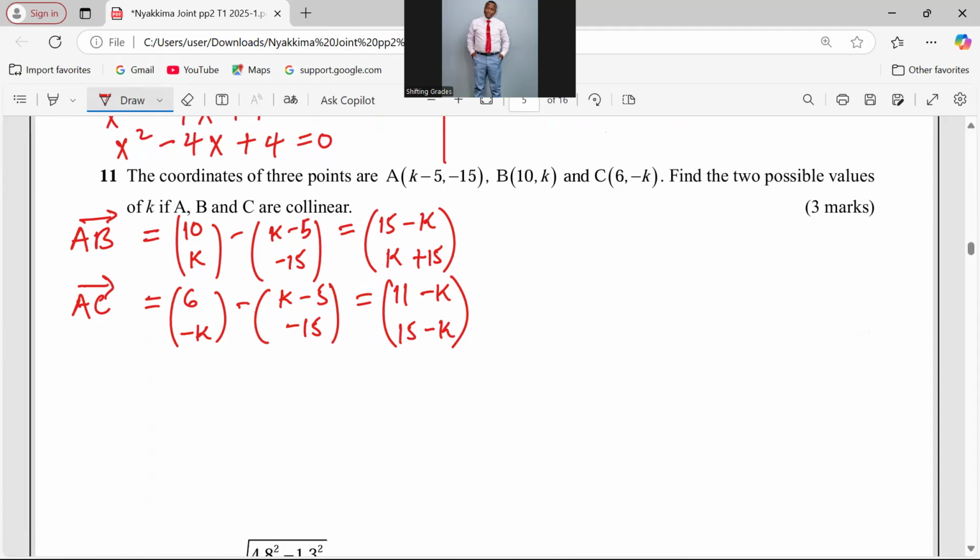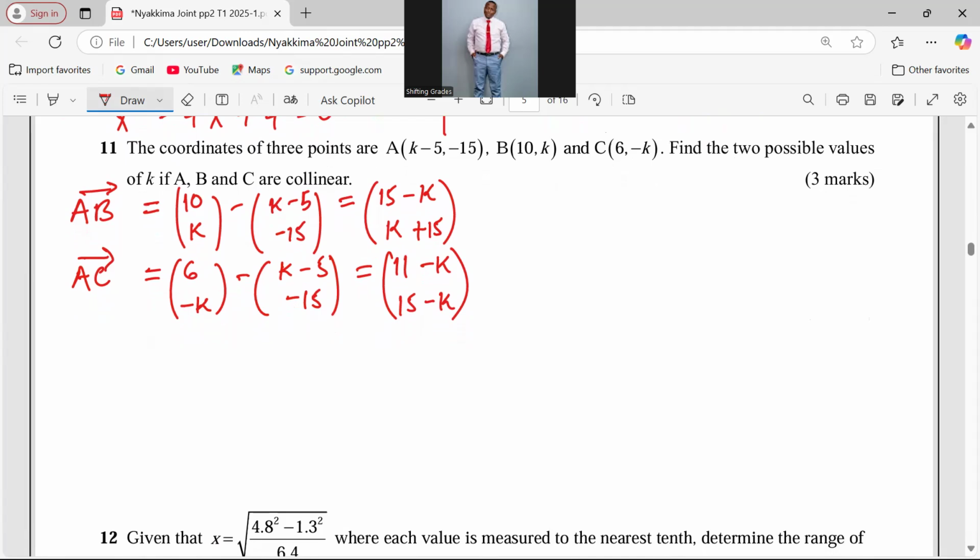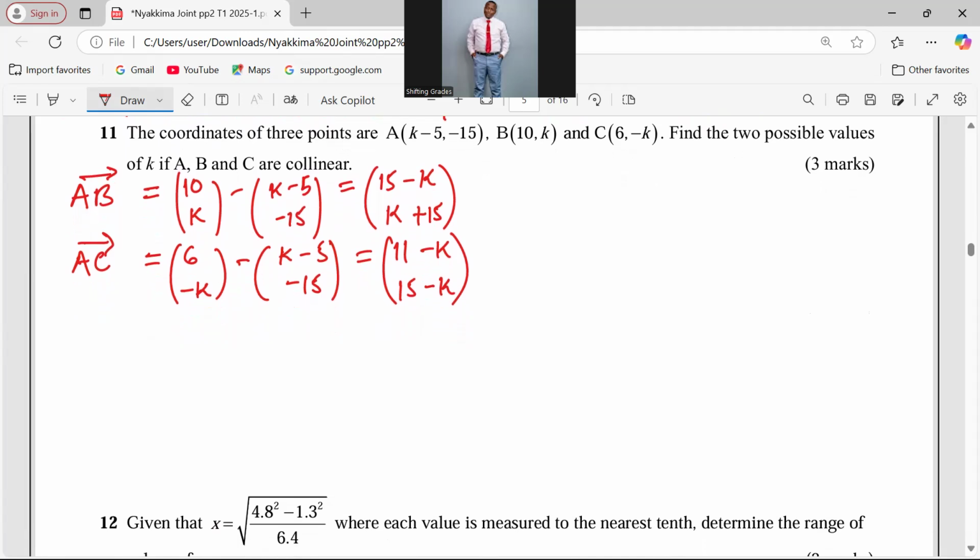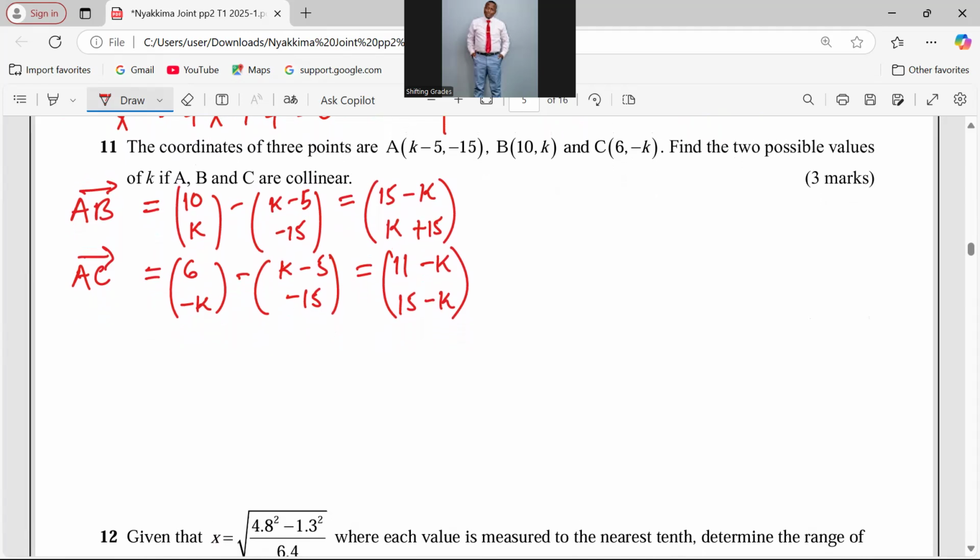So we got two vectors from the given points. What we are supposed to know is that there is a certain constant which multiplies one vector to give us the other. Let the unknown multiplier be x.